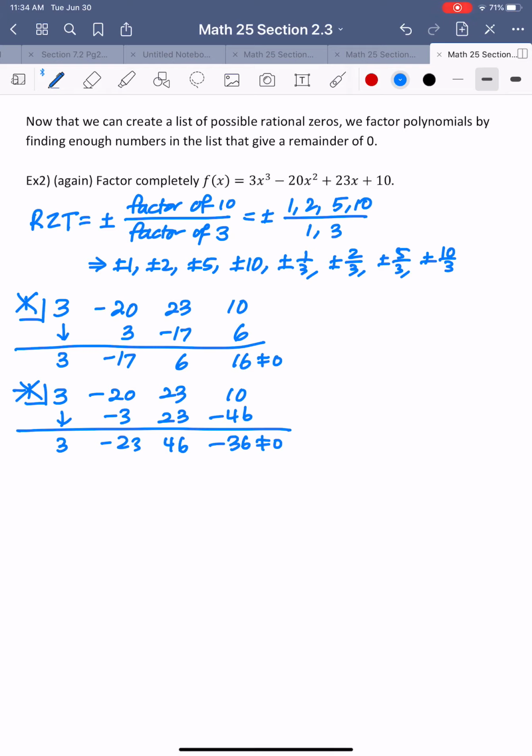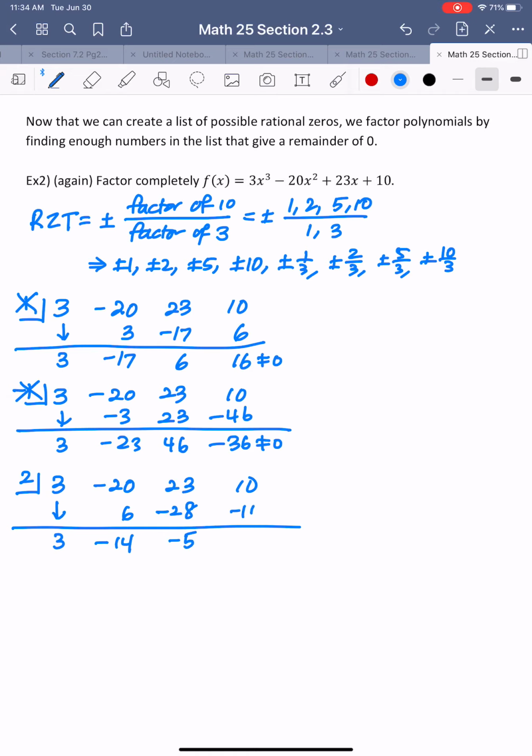Now I want to go to 2, say 3, negative 20, 23, and 10, and then I'll divide by 2. So 3, 6, negative 14, negative 28, negative 5, and negative 10. Yay, we got the 0, okay? Which means now the 2 is a zero, okay? Which means x minus 2 is a factor.